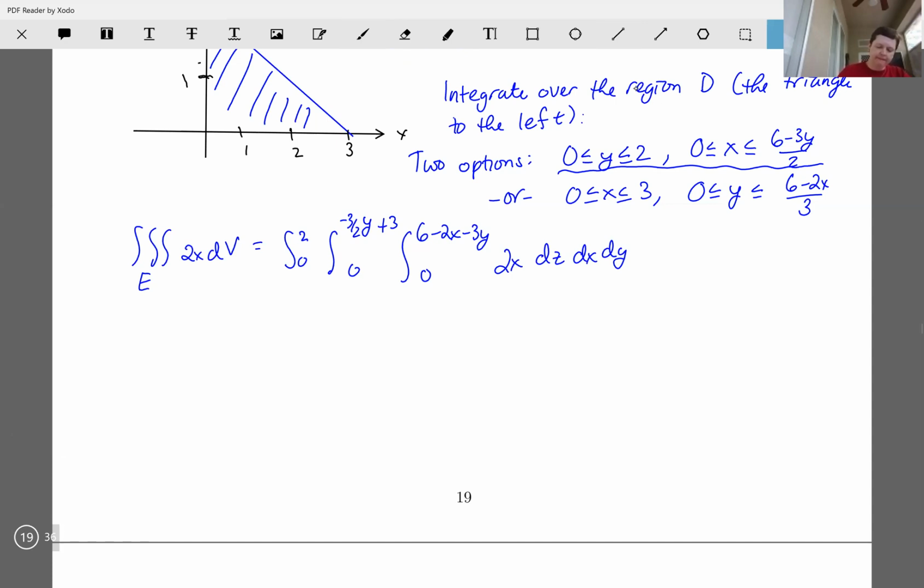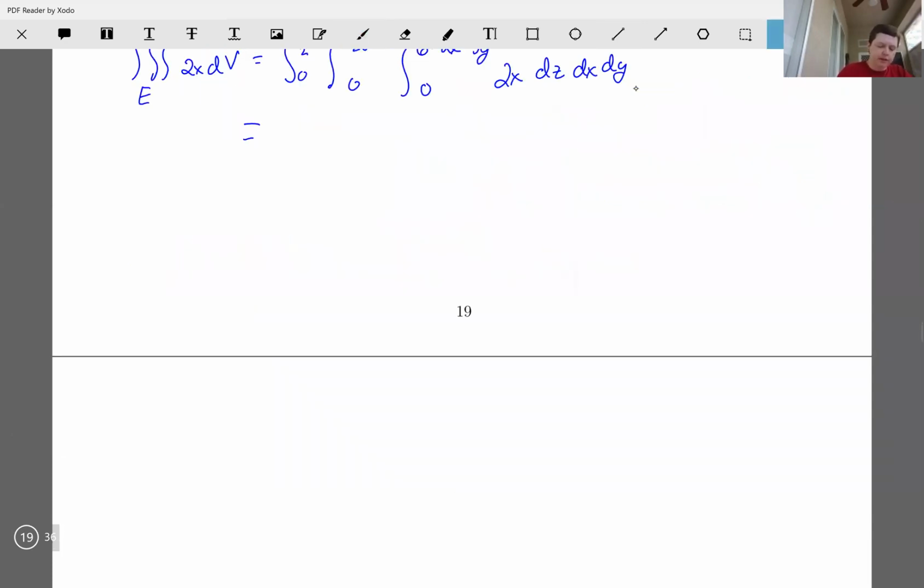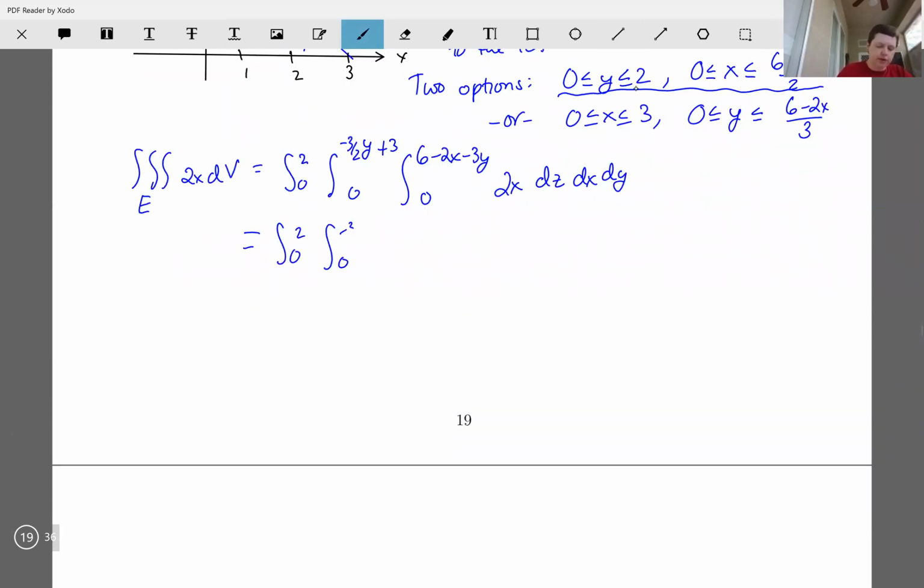Okay, so then that gives us the integral from 0 to 2, the integral from 0 to negative 3 halves y plus 3. There is no z, 2x is a constant, so I get 2xz, evaluated at the limits 0 to 6 minus 2x minus 3y, dx dy.